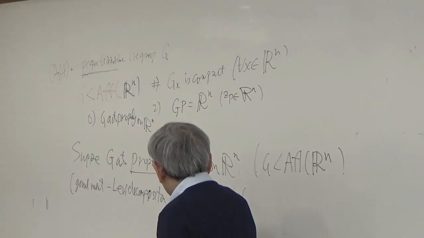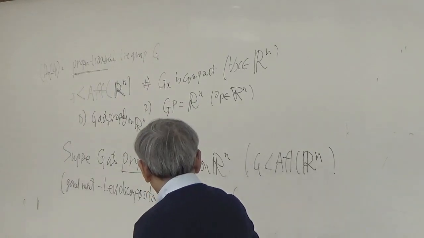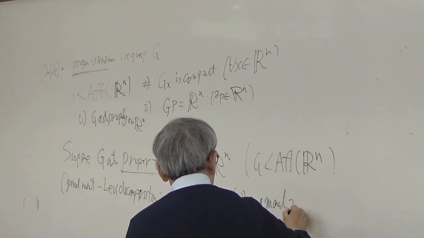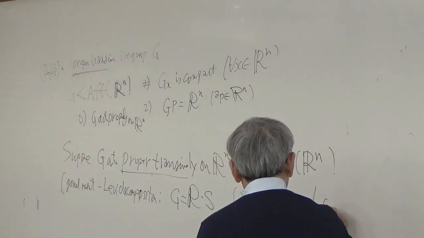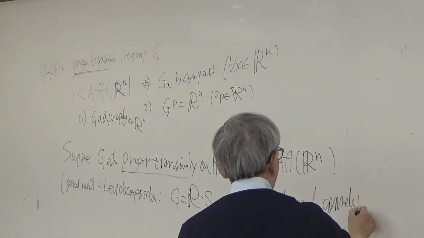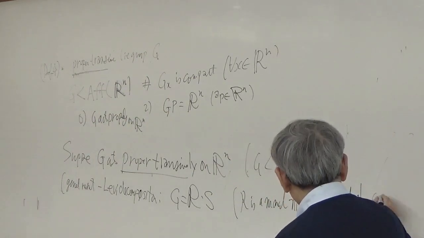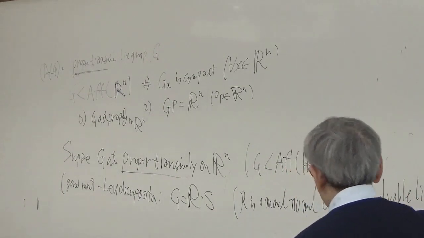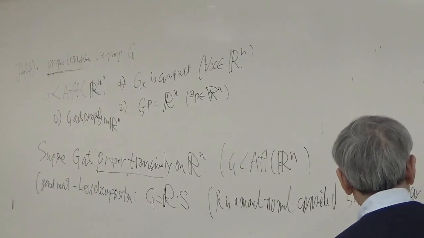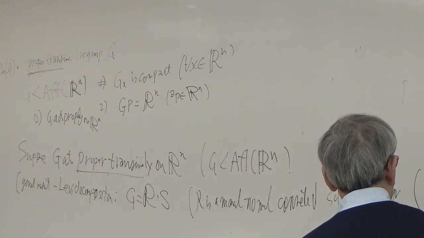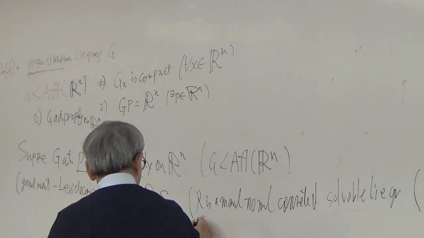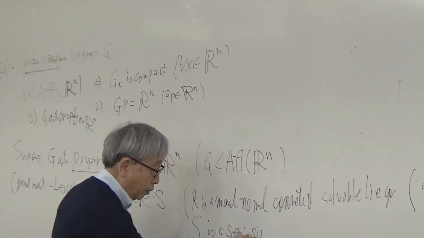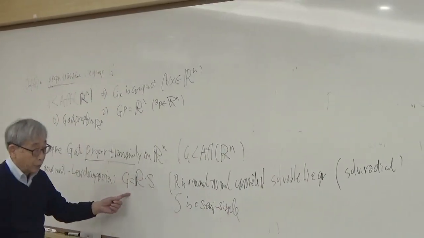Then G has the form R dot S, and R is the maximal normal connected solvable Lie group, and it is called the radical, the solvable radical. And S is a semi-simple Lie group.